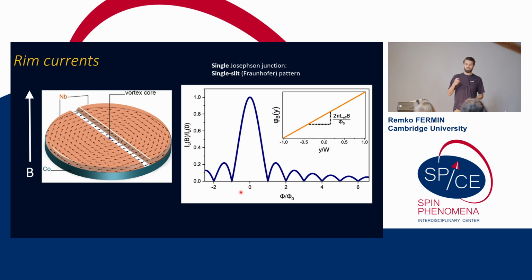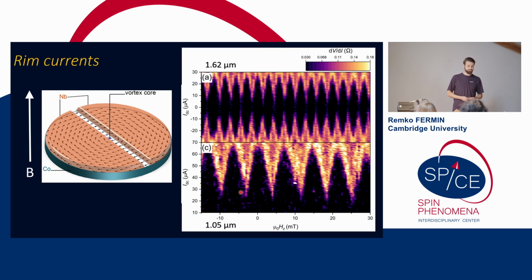But when we actually do this experiment, we find something radically different. We find this typical SQUID-type interference pattern, or two-channel interference pattern. Here I'm showing you the interference pattern where on the x-axis is the magnetic field, on the y-axis is the applied DC current over the junction, and the z-axis is the color coding, which is the differential resistance.